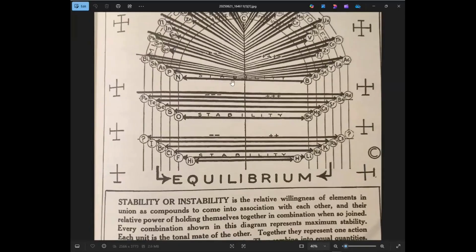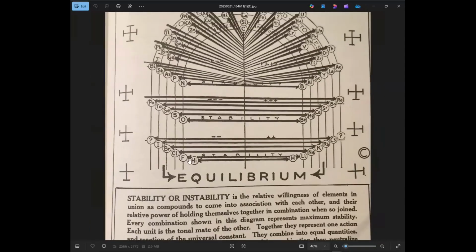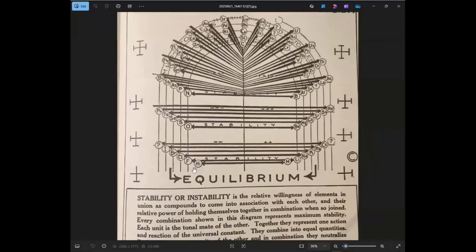Okay. Sorry, this is the way this is organized. These down here are in the +1 or -1 position. The next level up is the +2 or -2 position. Up here, you got the +3 or -3 position.